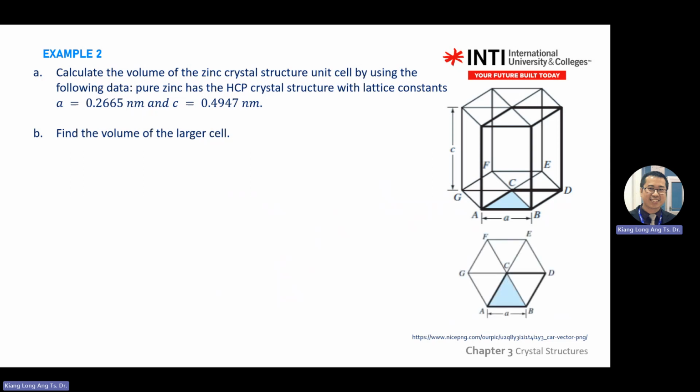Then you pull out the bottom, draw the hexagonal shape, and label A, B, C, D, E, F, G. Focus on one of the triangles because you want to find the volume. Once you find the area of this triangle, you multiply by 6, multiply by C, and you get the volume.